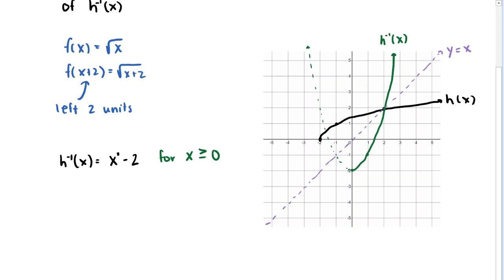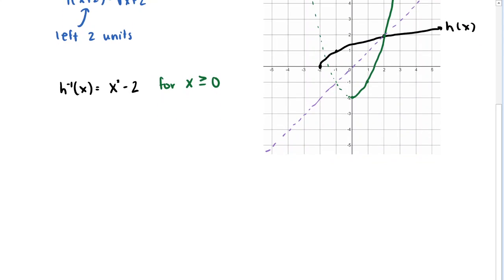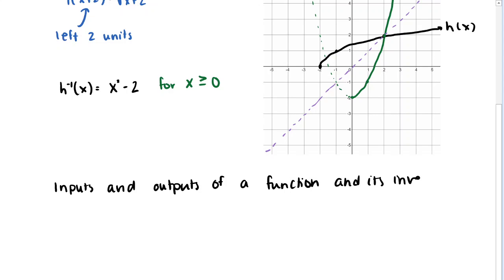Maybe let's dig into this a little bit. So we've said that the inverse function and the original function, well, their inputs and outputs are switched. So the inputs and outputs of a function and its inverse are switched.